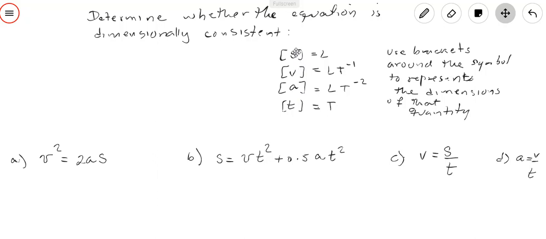For example, s in brackets represents the distance, and the unit is L because it's a unit of length. The velocity in brackets, the units are length and time to the -1. The acceleration are units of length and time to the -2. And the time has just units of time.